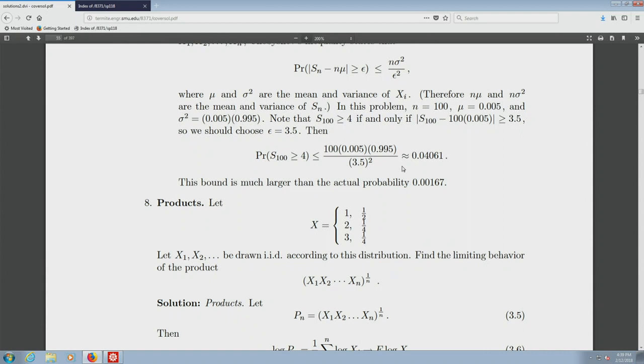I told you Chebyshev's not all that good, because we already know what the probability of an error was, which is 0.002. That's a lot better than this number. So the bound is much larger than the actual probability. So Chebyshev, sometimes okay, sometimes not okay.